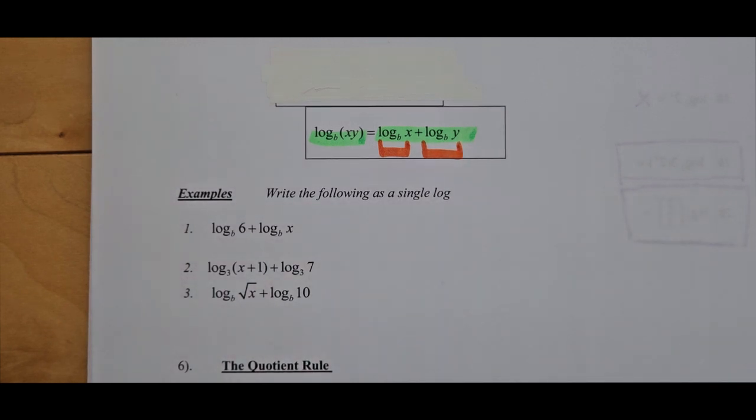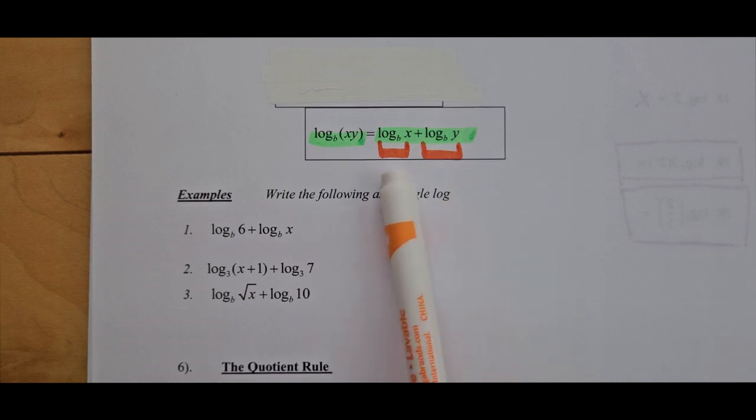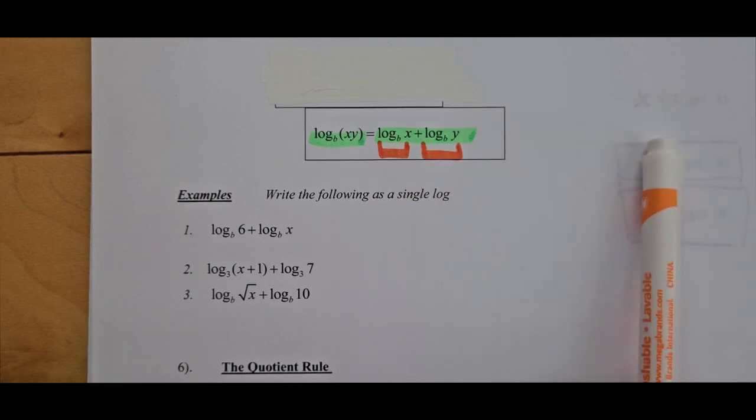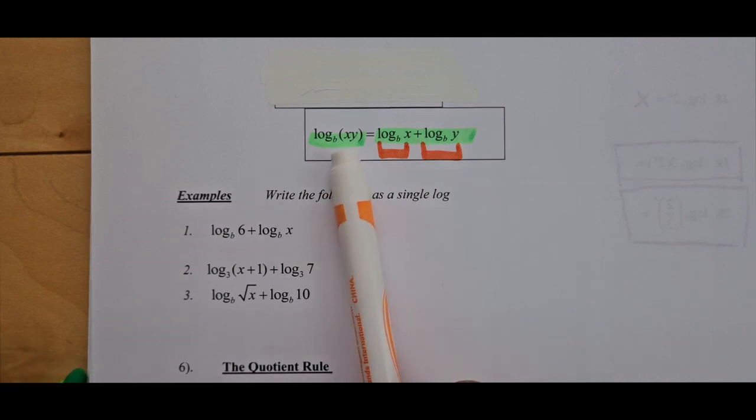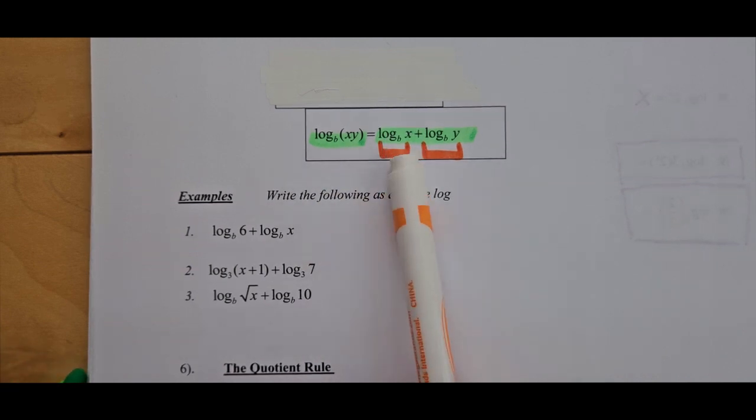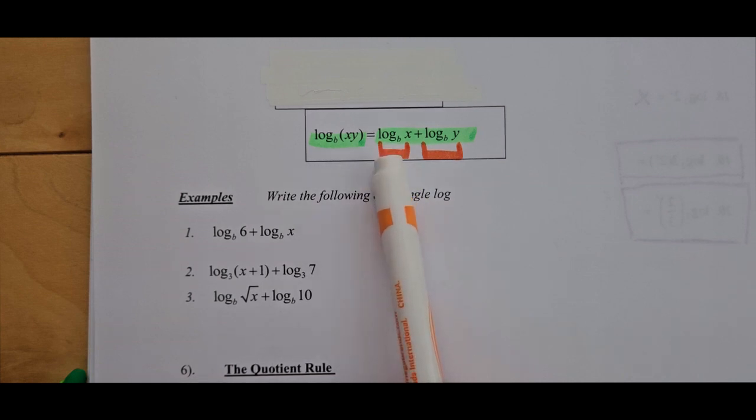So the product rule will be changed into addition of two or more logarithms. Once more, on this side you have x multiplied by y, but on this side you have log of something plus log of another.